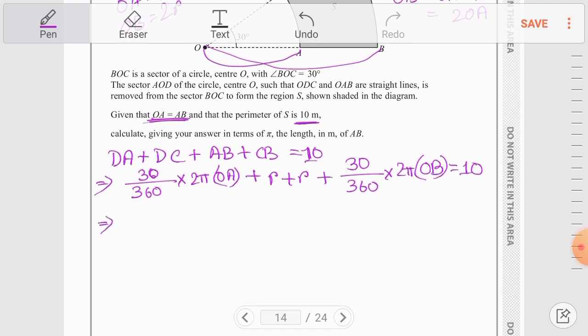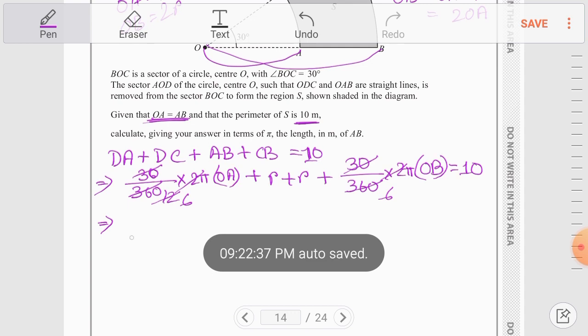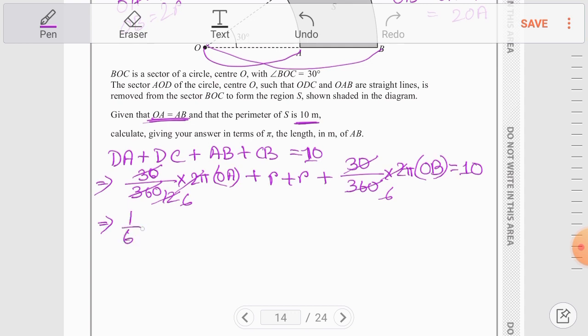We can simply cancel 360 by 30 by dividing 360 by 30, and we get 1 by 12, and then 2 pi r over 12 gives 1 by 6 pi r. These two r's add with each other, so it's 2r plus 1 by 6 pi.